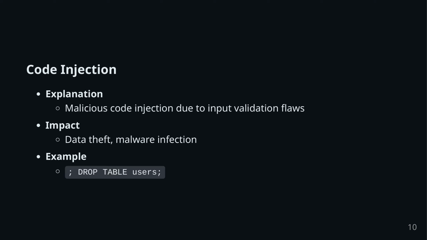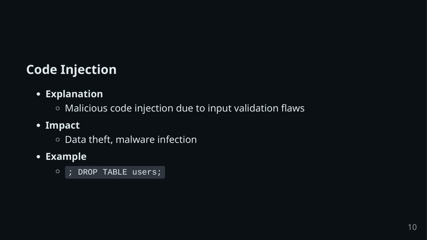Code injection is a critical security vulnerability that arises from flaws in input validation. Essentially, attackers exploit these flaws to inject malicious code into a program, which can have devastating consequences. The impact of a successful code injection attack can be severe, leading to data theft or even the infection of the system with malware. For instance, an attacker could execute a database command like drop table users, which would delete an entire table of user data from a database.